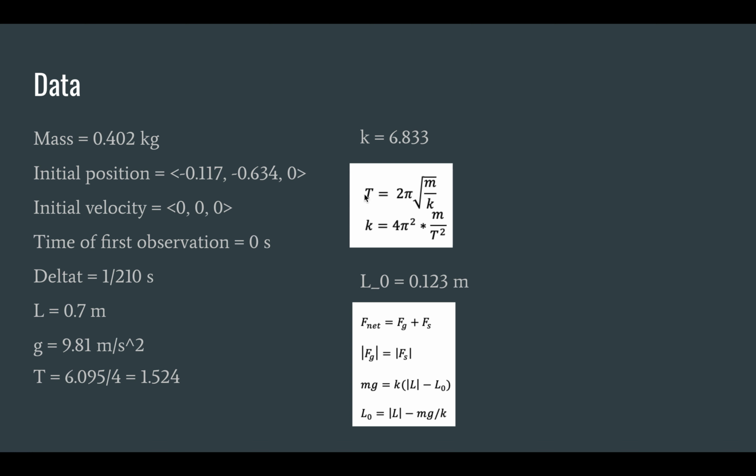And I plug that into the formula T equals 2 pi times the square root of m over k, and solve for k to get 6.833. And then I used the fact that the magnitude of gravitational force is equal to the magnitude of the spring force in order to find L naught.